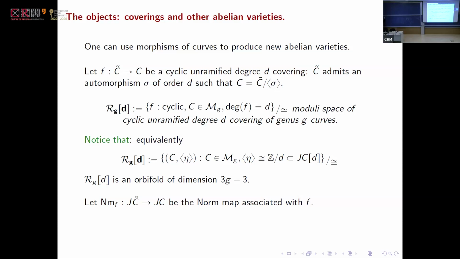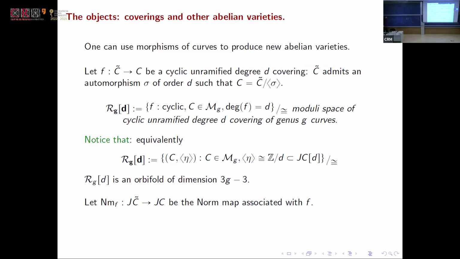So the norm map f from J C tilde to J of C takes a formal sum of points such that the sum of n_i is equal to 0, and maps it to the sum of n_i f of D_i.